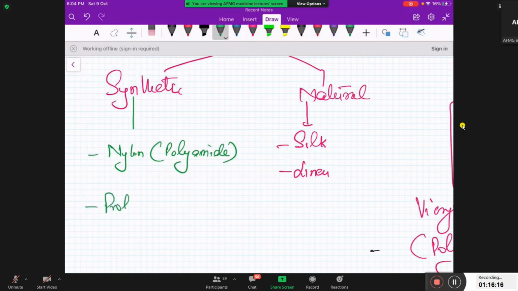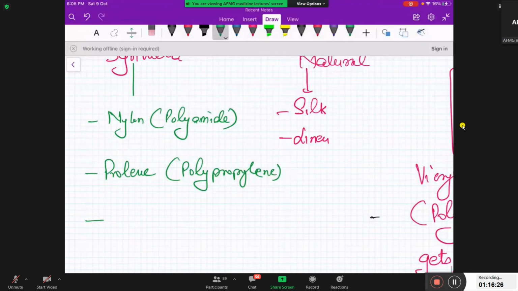We have Prolene, which is also called polypropylene. We have polyester also.